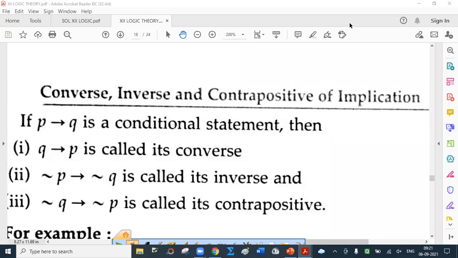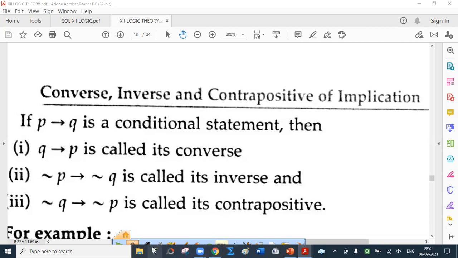So, see, this is defined. If P implies Q is a conditional statement, then Q implies P is called its converse. Not P implies not Q is called its inverse. And not Q implies not P is called its contrapositive. I repeat this part. If P implies Q is a conditional statement, then Q implies P is its converse, not P implies not Q is its inverse, and not Q implies not P is its contrapositive.